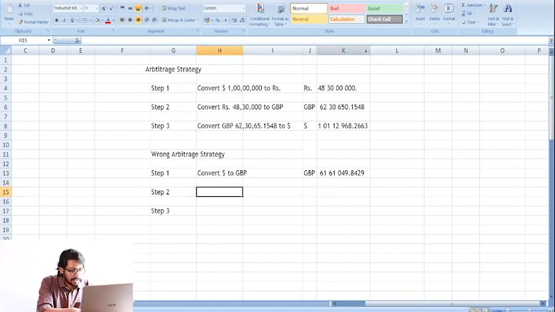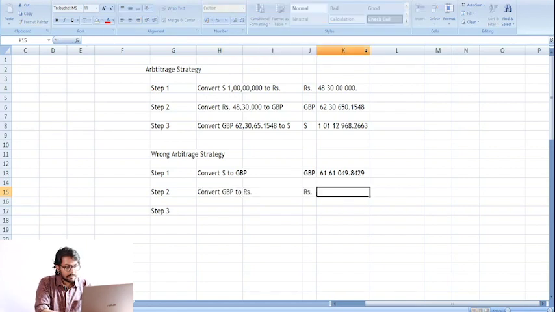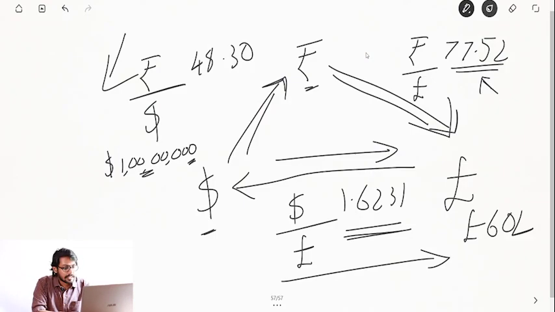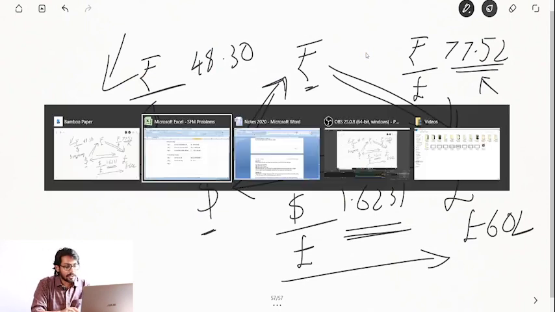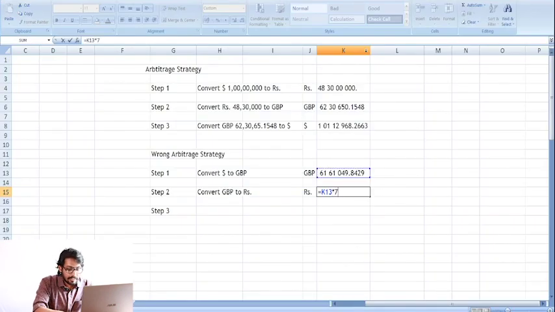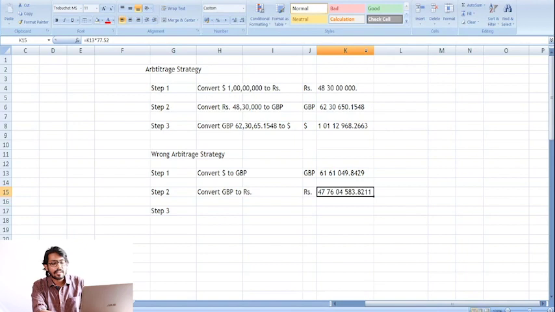Step 2, convert GBP to rupees. You will get rupees. The exchange rate is 77.52. Multiply, divide, you decide. It's multiply into 77.52. You will get 47 crore 76 lakh 4,583.